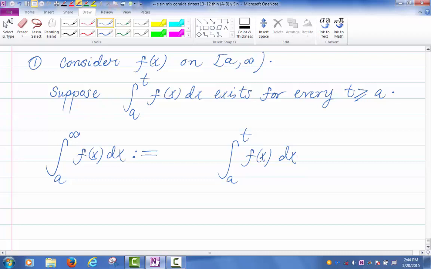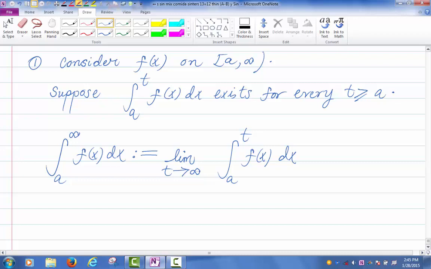Anybody? Well, you take the limit as t goes to infinity, right? So you look at the integral from a to t, you compute the integral from a to t for any t, and then once you compute that, you take the limit as t goes to infinity.